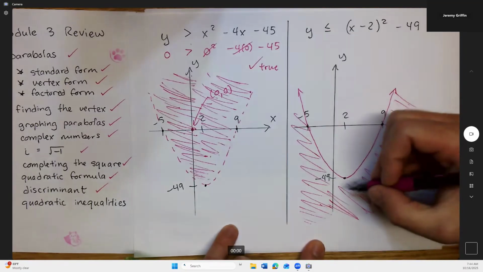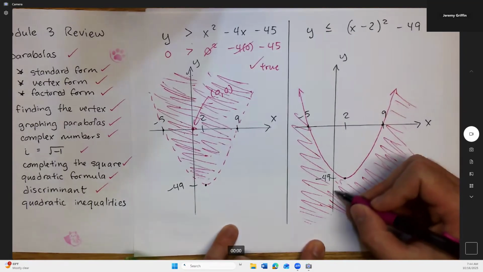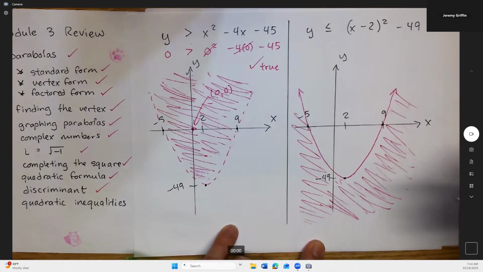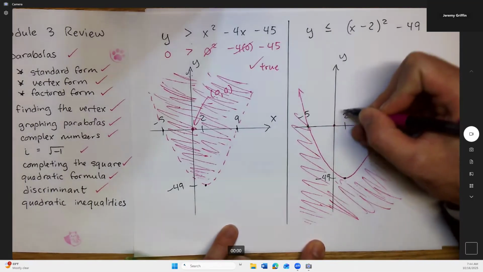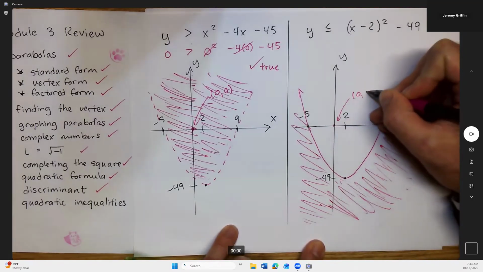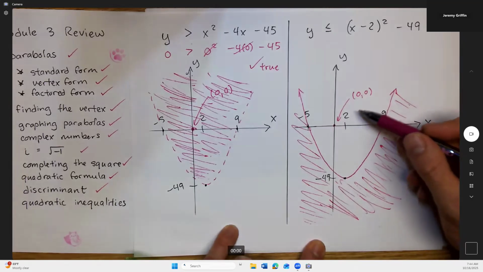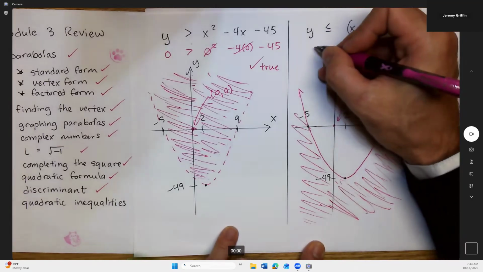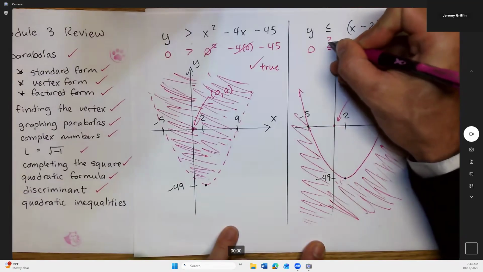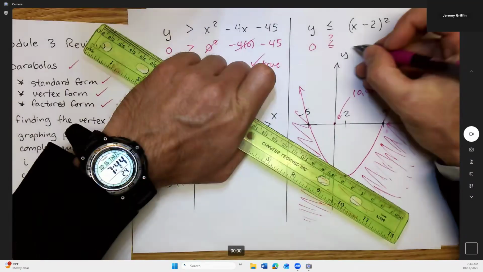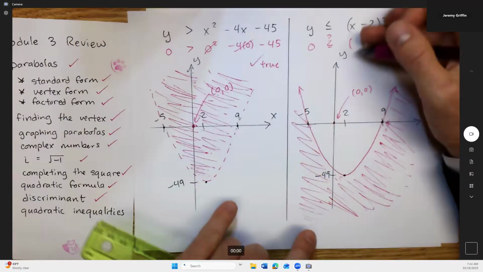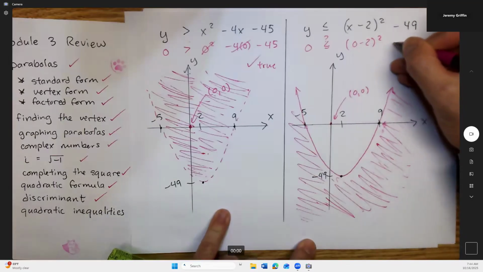Now, I could take a test point anywhere here, like (0, negative 100), and that would be a true statement. I'm going to take the same point (0, 0), and I'll show you that this point does not work. Is 0 less than or equal to the y value with 0 for x: 0 minus 2, quantity squared, minus 49?